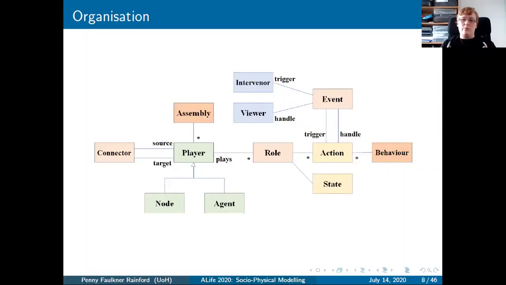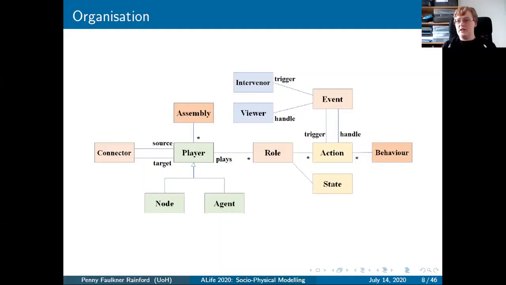And when we say they act, it means they can affect things around them. So they can trigger events which other things handle and react to. And the main reason for having this concept of an event rather than just actions is it allows us to bring in these last two who are objects, the intervener and the viewer. The intervener allows us to again blur those lines around our system by allowing us to introduce extra change into the system.